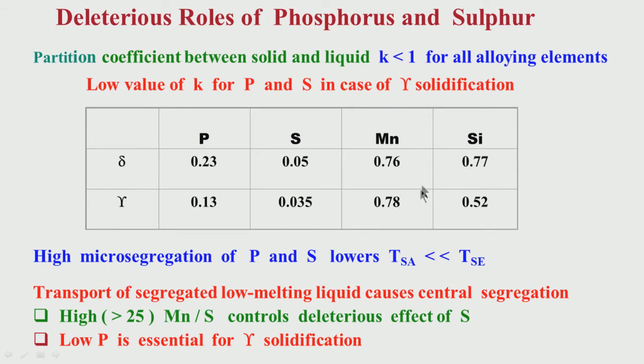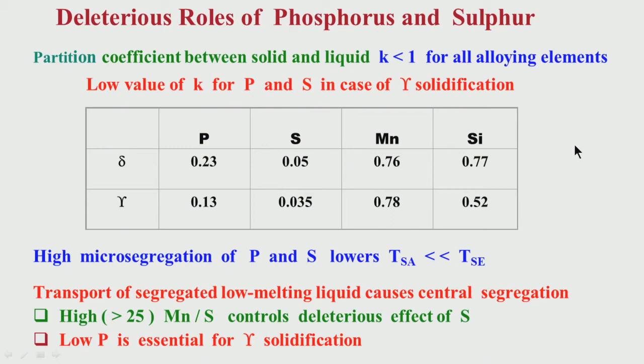These values for manganese and silicon are not very low, but for phosphorus and sulfur the K values are quite low. Number 2, between delta and gamma, phosphorus and sulfur segregate more when the solidification mode is austenite, that means gamma. That means when carbon equivalent is more than 0.5, when solidification is taking place through austenite, you have relatively more segregation than for a very low carbon steel where the carbon is less than 0.1, say 0.07, 0.05 carbon.